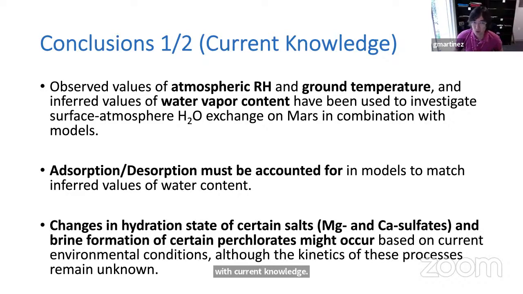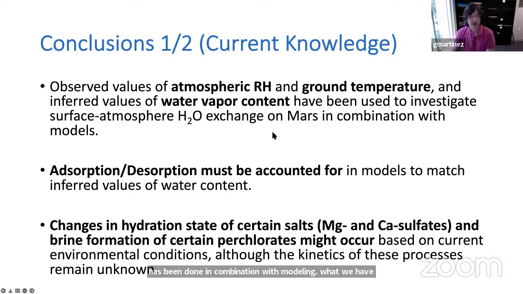So up to now, we have used measured values of atmospheric relative humidity and ground temperature, and estimated values of water vapor content, to investigate exchange of water vapor. And this has been done in combination with modeling. What we have learned is that it seems clear, or extremely likely, that adsorption-desorption must be accounted for, because otherwise models are not able to match estimated values.